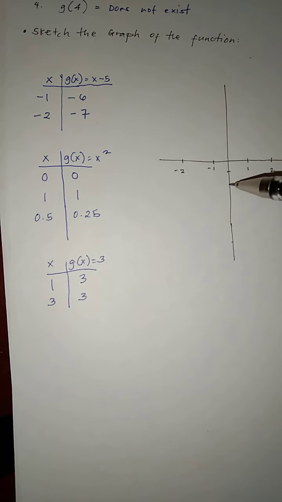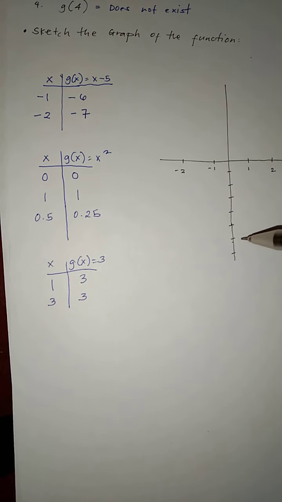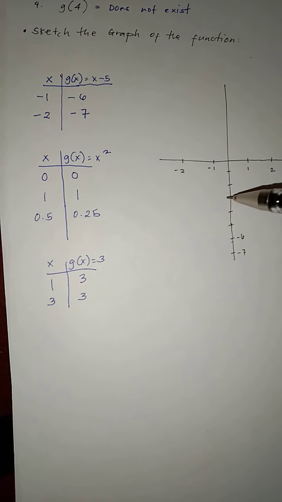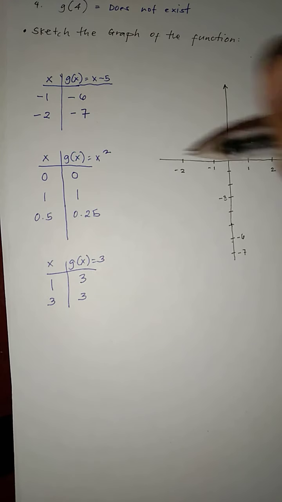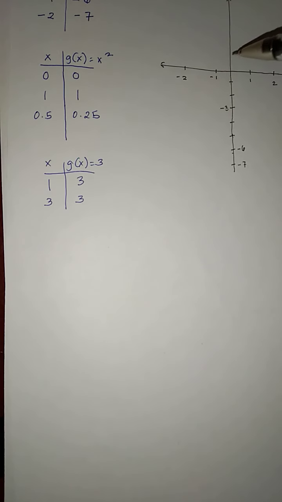So you have 1, 2, 3, 4, 5, 6, 7. So we'll label this one as negative 6, negative 7. This one is negative 3. So again, when you graph, do not forget to label your coordinate axis. Then you have here also 1, 2, 3. Okay.